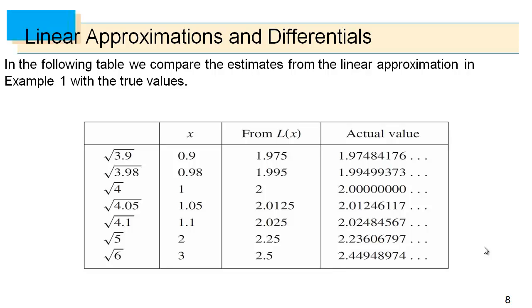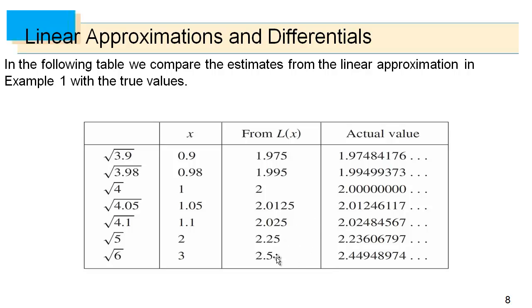Here are some examples. If we did this over and over again for these different values of x, we can see from the linear approximation versus what we get out of the calculator, they're all pretty darn close, within 10, 100, 1,000th, more or less, even better on some.